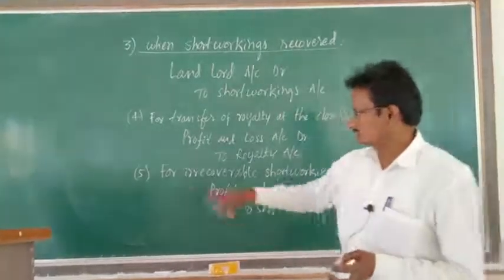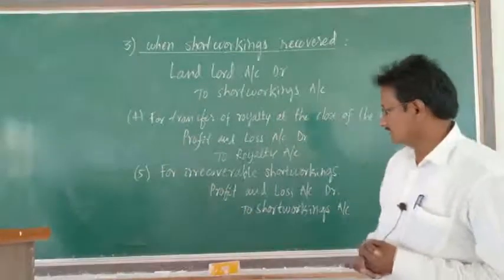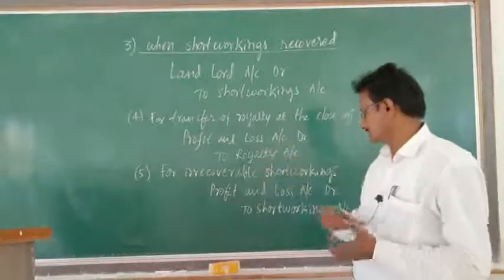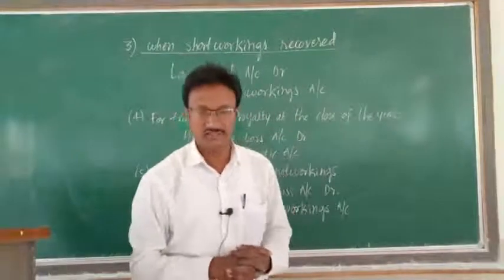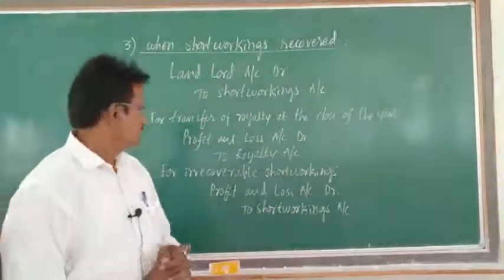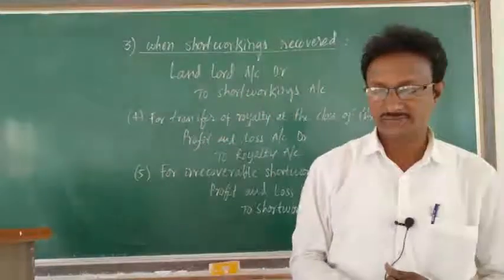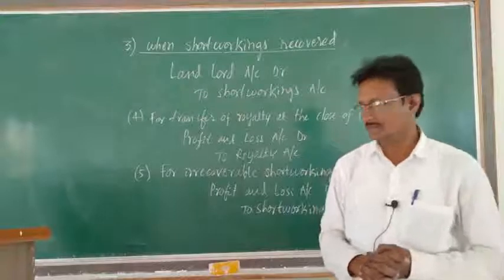And also observe the 4th and 5th entries. In both the cases, profit and loss account is debited and credit is given to royalty account and short workings account. So, instead of passing two entries, 4th and 5th, only one combined entry is possible.